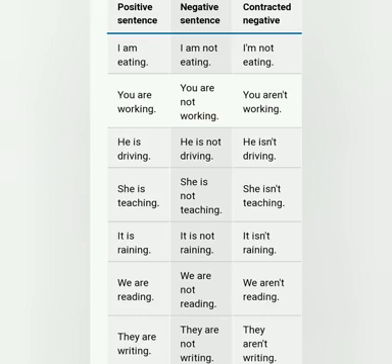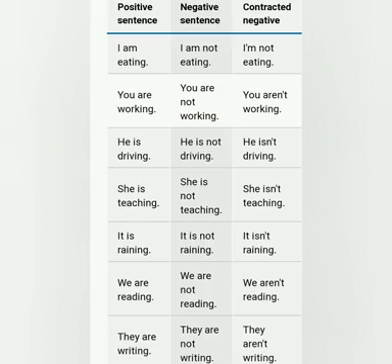There is a first column which has positive sentences, a second column which has negative sentences, and contracted negatives are in the third column. I am eating, positive. I am not eating, negative sentence.